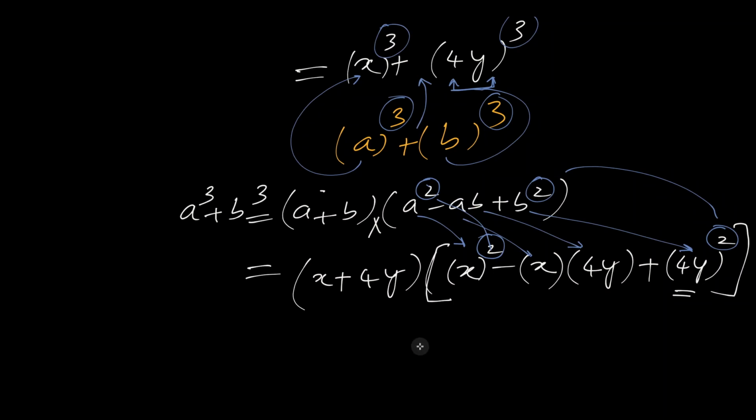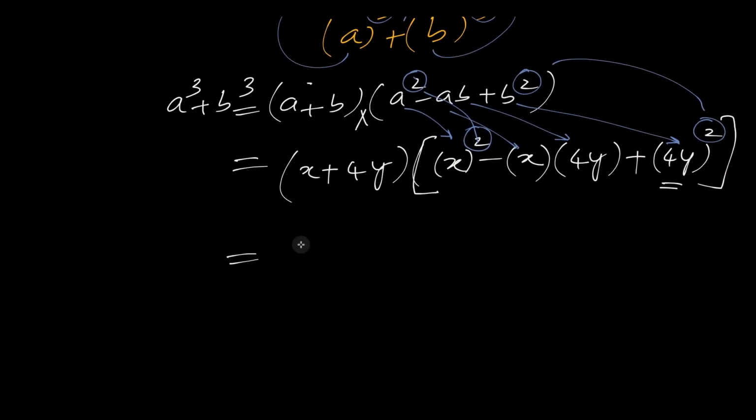Now we'll try to solve the same equation. So it is going to be x plus 4y as it is, and I'm going to write a square bracket because it has many small brackets that need to be solved further. X to the power square, I'm going to write x square minus, and I'm going to multiply these two things, minus x plus 4y.